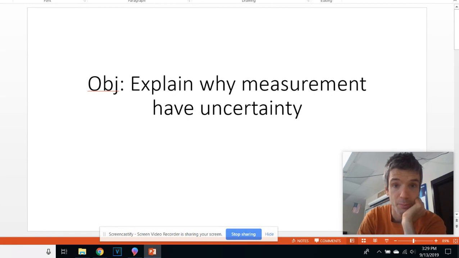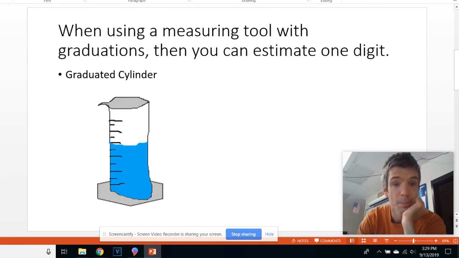The reason you can estimate is because you can see where the thing lines up with the graduations, and then estimate one digit past where the graduations measure. So whenever you're using a measuring tool with graduations, like a graduated cylinder, you can always estimate one digit past where the measuring graduations stop.